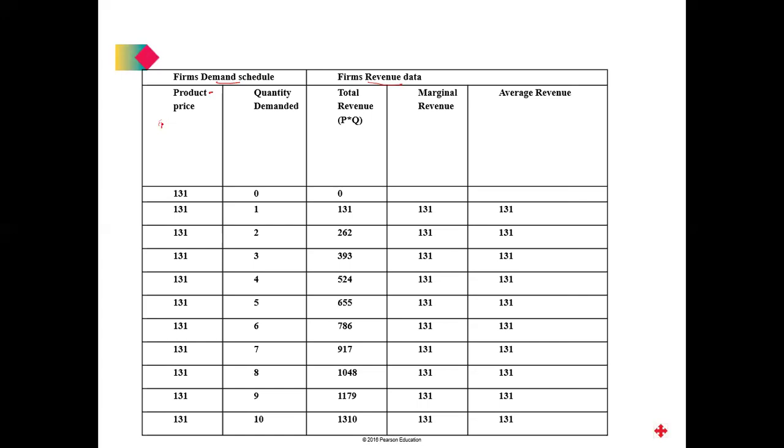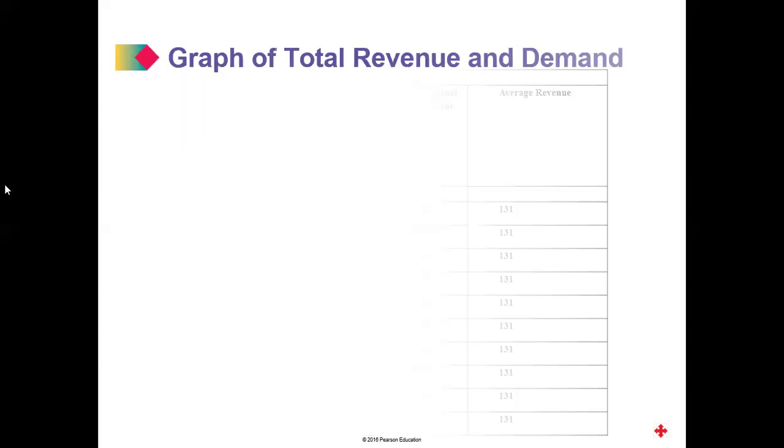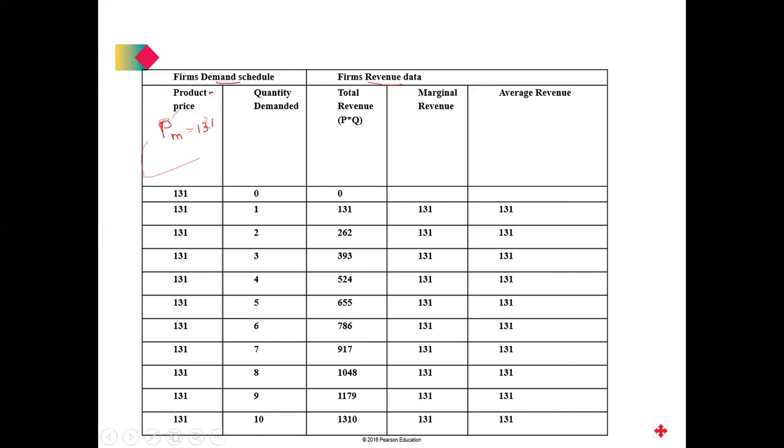The market price is 131, and the single seller is going to use this price. This is the quantity demanded. The seller can produce as much as he wants. And this is the total revenue.